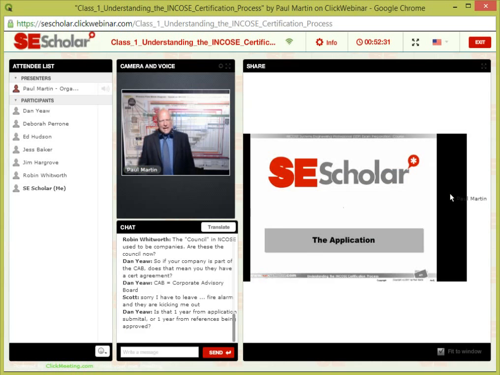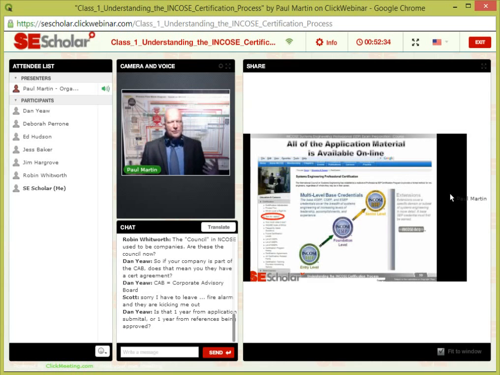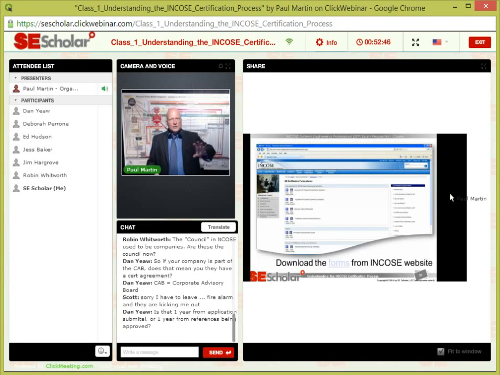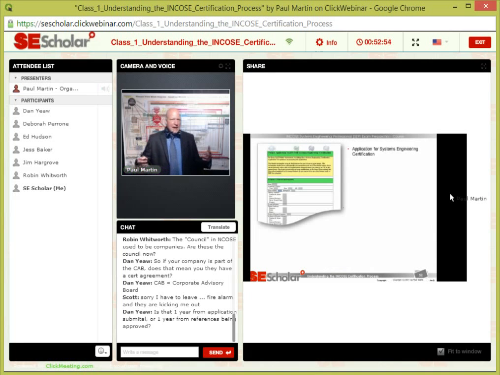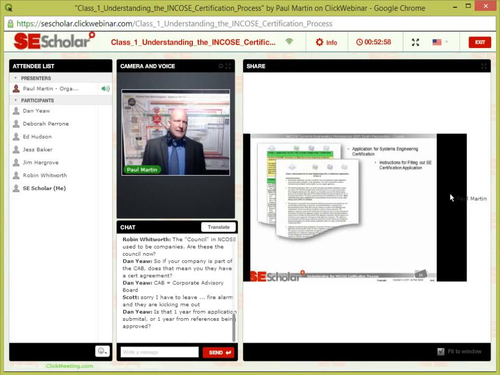So let's look at the application, okay? You, of course, go to the website and download the application. This just shows you how to go there and download the actual application. So you have several forms as you're doing that. Matter of fact, you should be seeing the actual application itself, the actual instructions on how to fill it out.